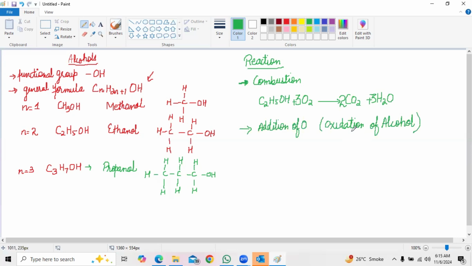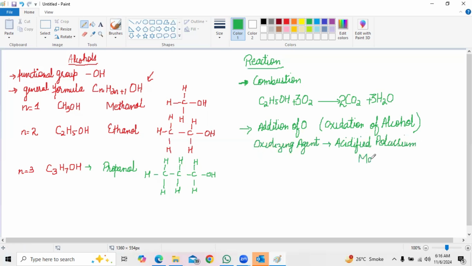First of all, alcohols can undergo an oxidation reaction by the addition of an oxidizing agent. We have to use an oxidizing agent, and the oxidizing agent that we are going to use is acidified potassium manganate.